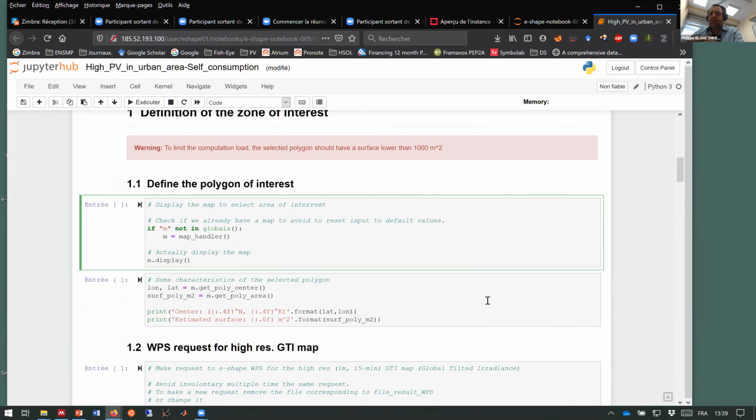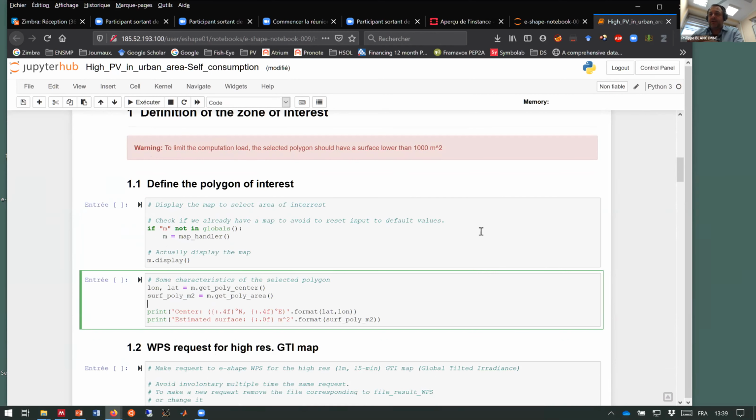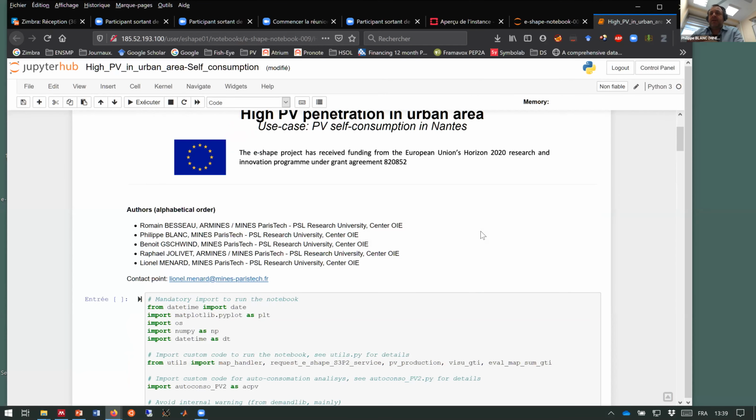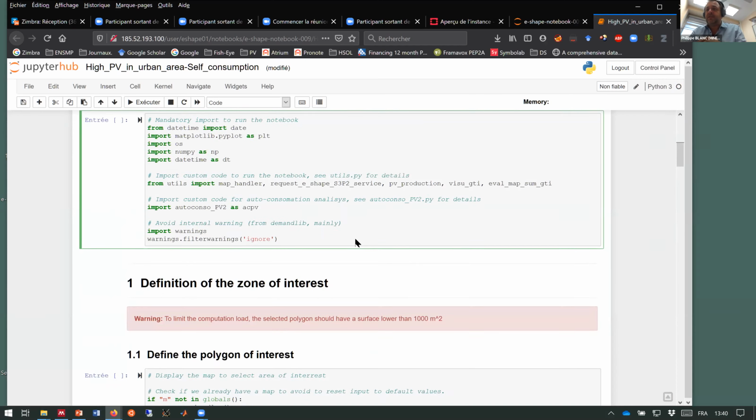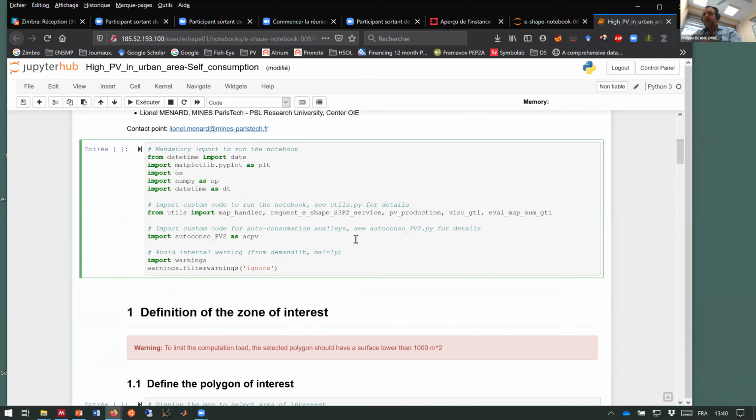Here it's a cell, it's another cell, etc. And when I am running this cell, something happens. Sometimes there is nothing because it's only about initialization. This one is only about the initialization of the different libraries we will use in the Python code. So it is very useful, and it's required to launch this cell before launching the others. So it should be run cell by cell in the right order.